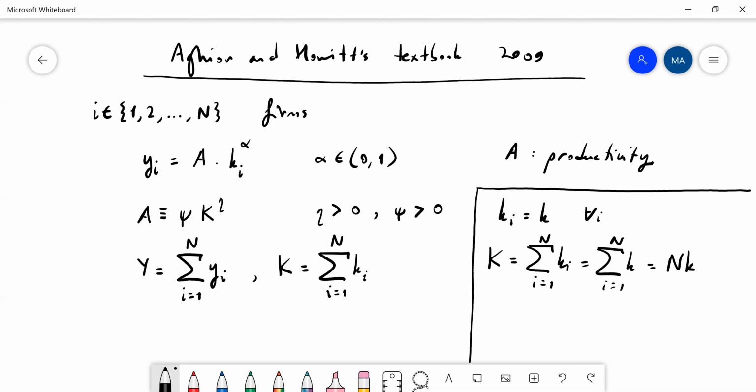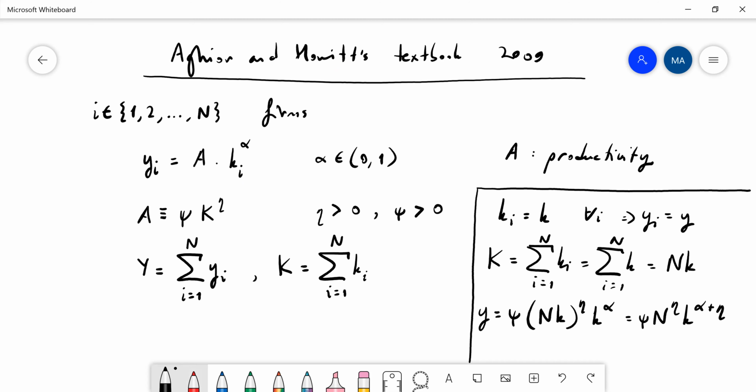Okay, now if this is true, the production of each firm, production level is also the same, right? And we can write this as what? We can write this now as C N times K to the eta, right? N times K to the eta. Then I have K to the alpha. Okay, so put differently, you can write this as C N to the eta and K to the alpha plus eta.